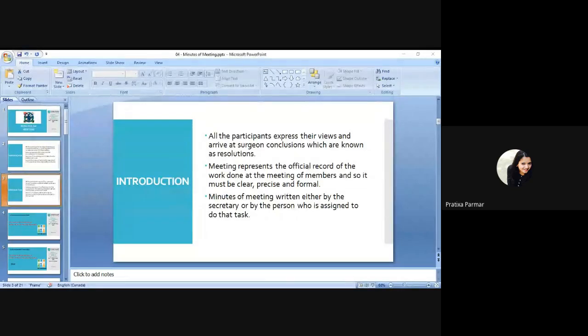Let's say your manager or the head has assigned that duty to someone else. So he or she has to maintain that record. So either there is a secretary who can maintain the record of the meeting, or the person who has been given the task to record it can maintain the minutes of the meeting.